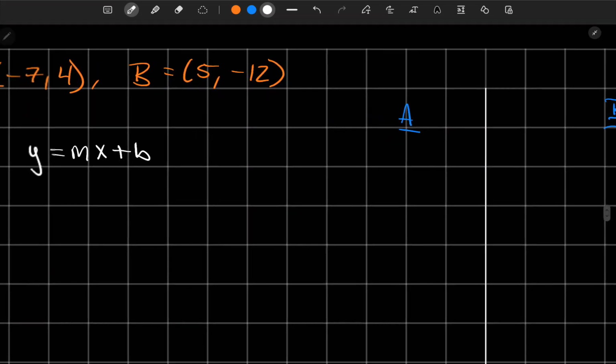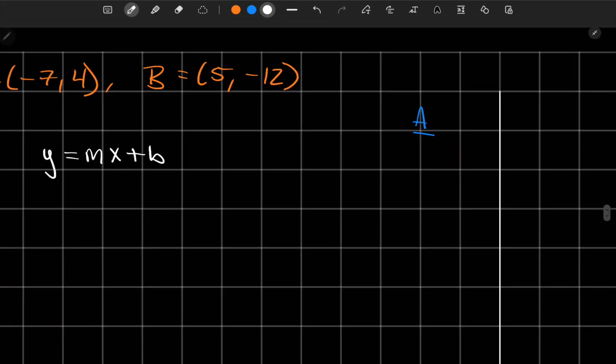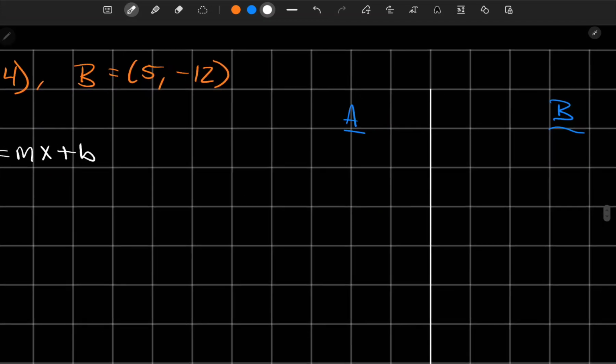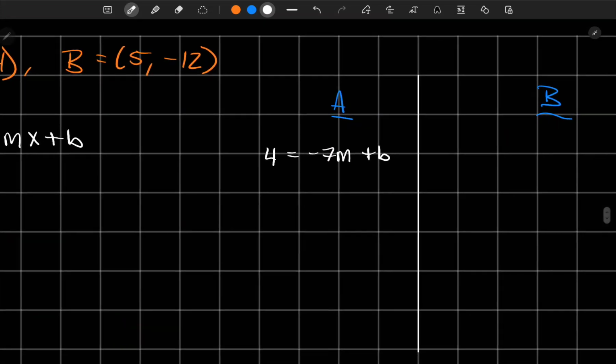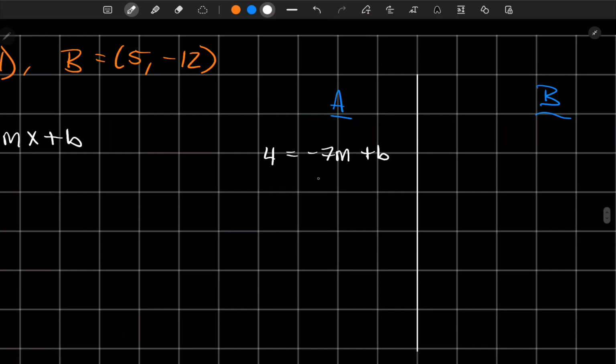So, plugging in first a into y equals mx plus b, we find that 4 is equal to -7m plus b. Or, rearranging this, b is equal to 7m plus 4.